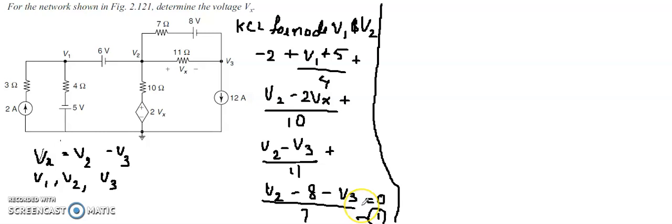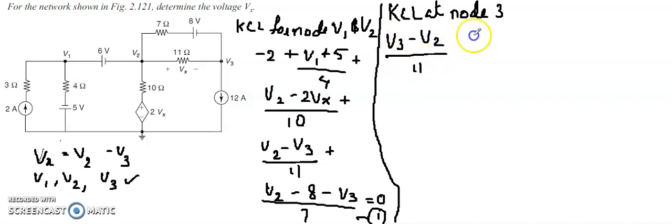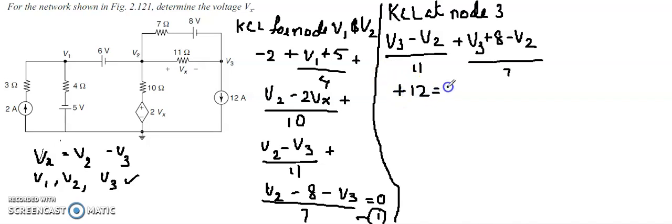Now next we need 3 equations because we have 3 unknowns. So now we will go for KCL at node 3: (V3 minus V2)/11 plus (V3 plus 8 minus V2)/7 plus 12 is equal to 0.